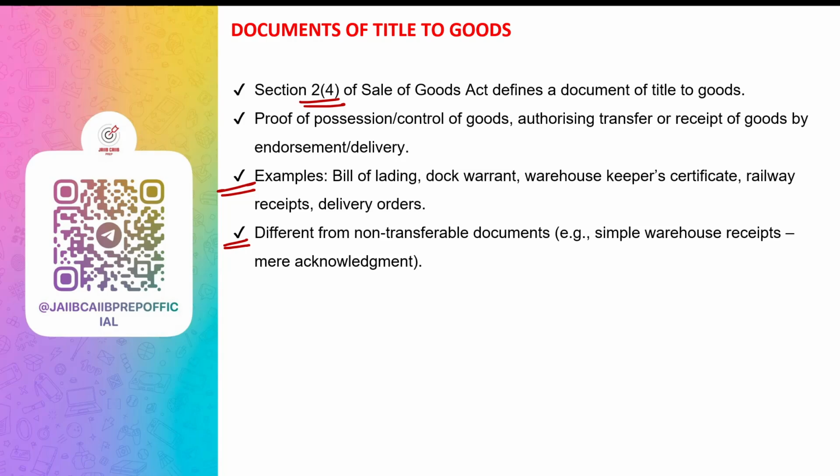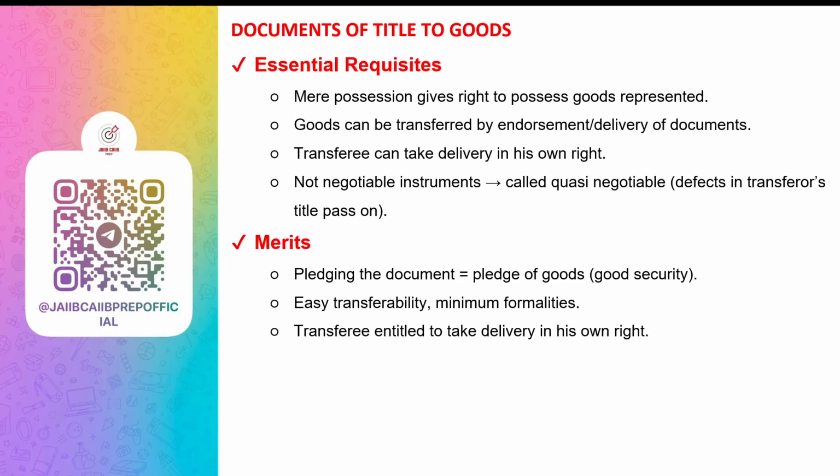It intends to give the goods to whoever has this document. So essential requisites include mere possession gives right to possess goods represented, meaning to say it creates right to possess the goods.